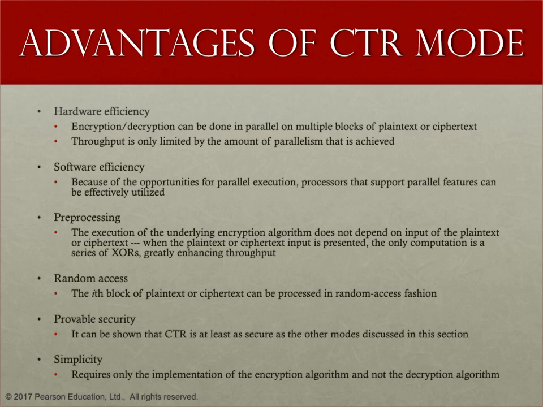And in terms of pre-processing, the execution of the underlying encryption algorithm does not depend on the input plain text or ciphertext. It depends on the counter. What we encrypt is actually the counter, not the plain text, or the ciphertext of the previous step. It's just a simple counter, right? And we just use XOR, which is the Vernam cipher, which greatly enhances throughput. Throughput here means what?